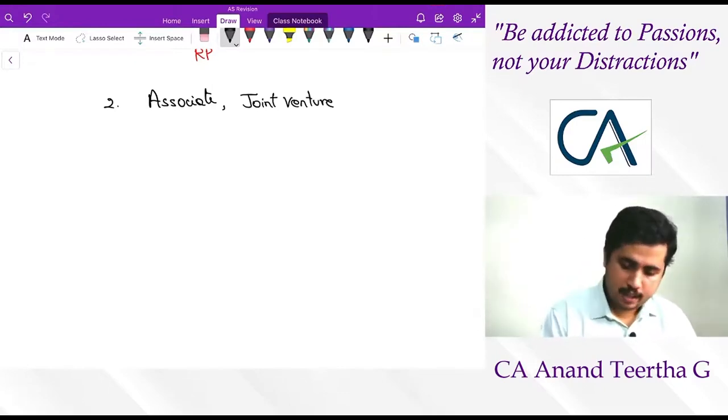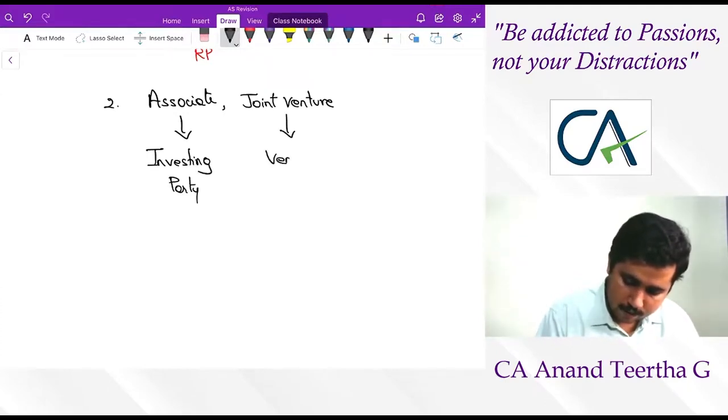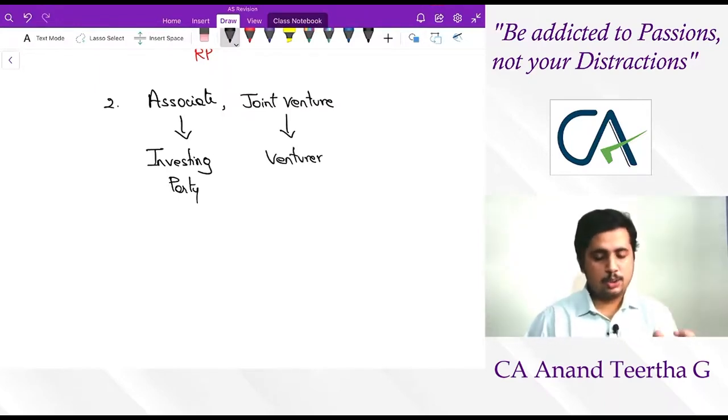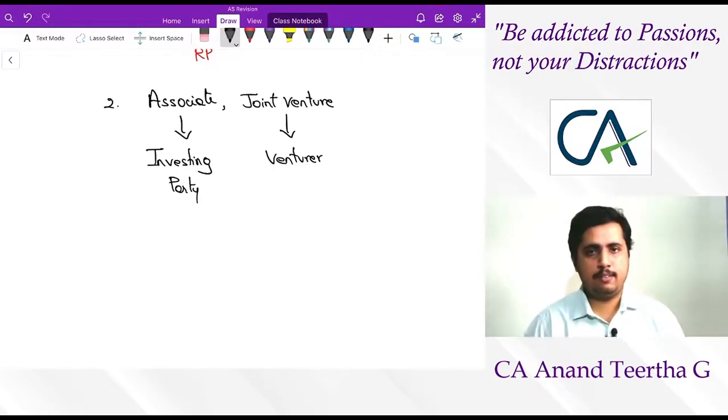For this, there will be an investing party. For this, there is venturer. These are related parties. So associate and investing party, joint venture and venturers are related parties.